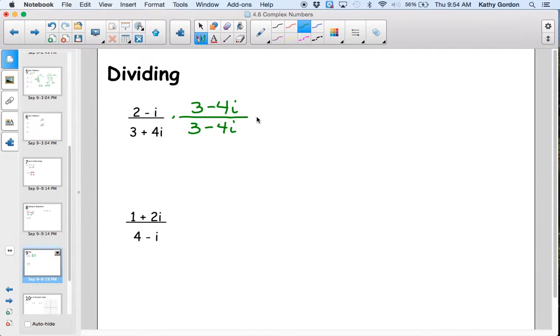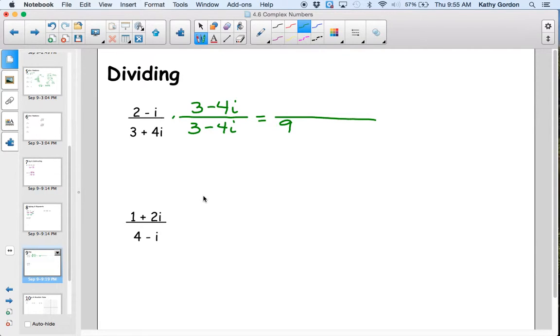Now, why is that helpful? Well, what happens when I now FOIL out the denominator? 3 times 3, 9. 3 times negative 4i. It wouldn't matter because those two would cancel out. Yeah, so my outsides and my insides are going to cancel because one's negative, one's positive.